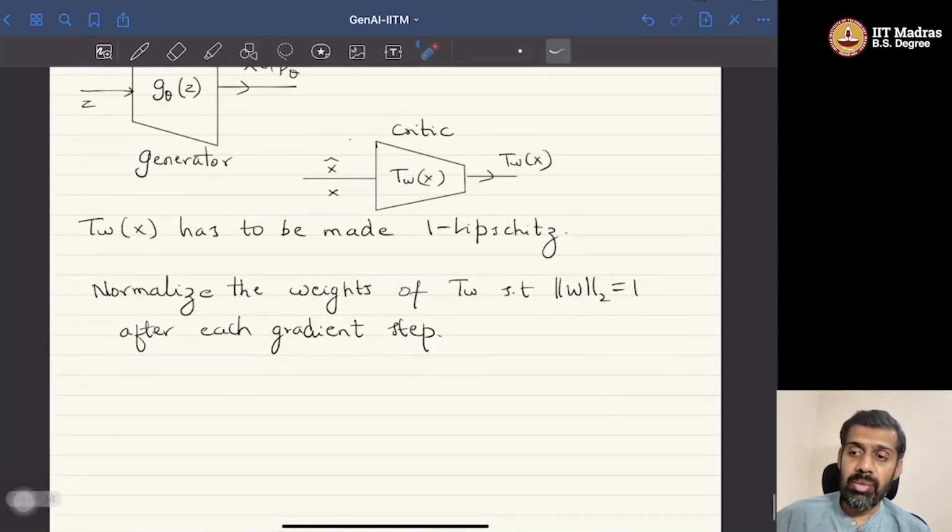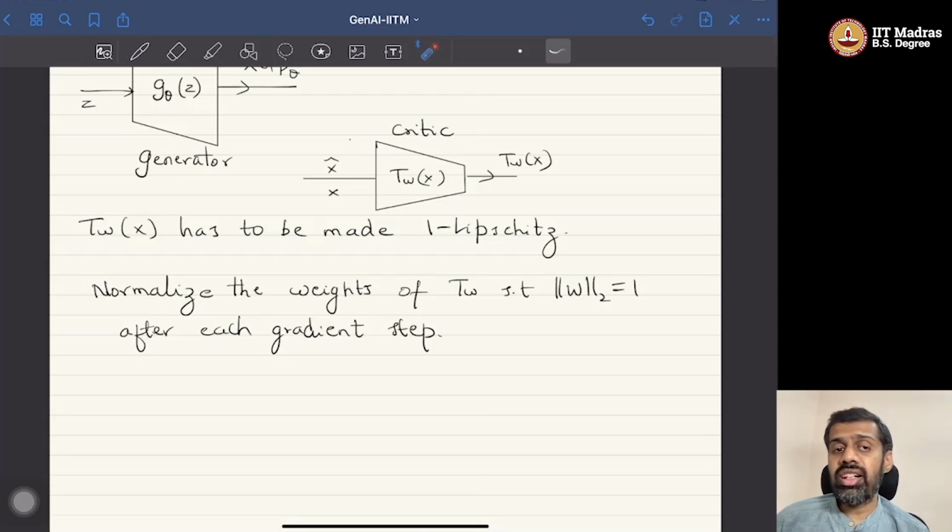Let me just summarize what we did so far. We looked at the reason why a naive GAN fails. It does because the manifold hypothesis tells you that the data practically obtained lies on a lower dimensional manifold, and when the manifolds do not overlap, there always exists a perfect discriminator with 100% accuracy, which would make the GAN training saturate.